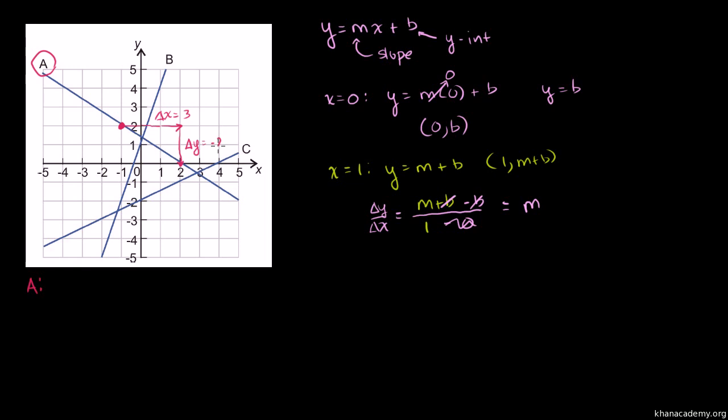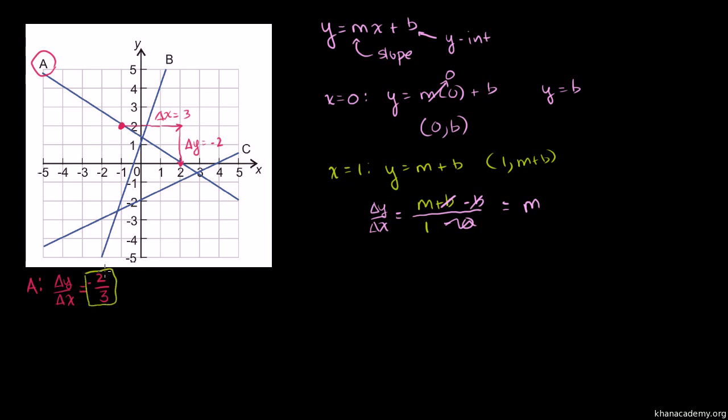It's equal to negative 2. So for A, when our change in x is 3, our change in y is negative 2. So our slope is negative 2/3. When we go over by 3, we're going to go down by 2. Or if we go over by 1, we're going to go down by 2/3. You can't exactly see it there, but you definitely see it when you go over by 3. So that's our slope. We've essentially done half of that problem.